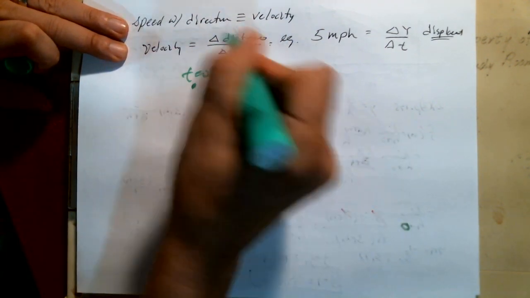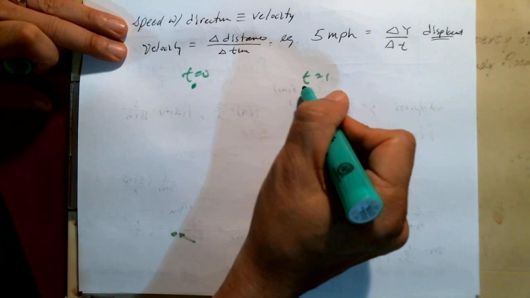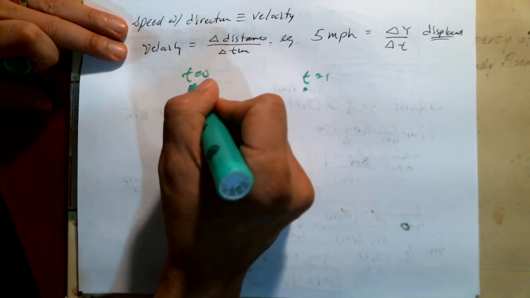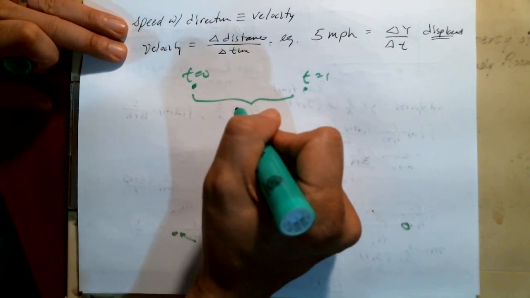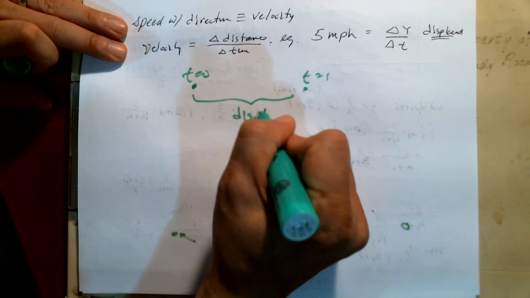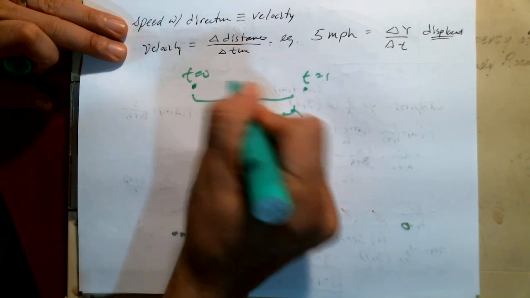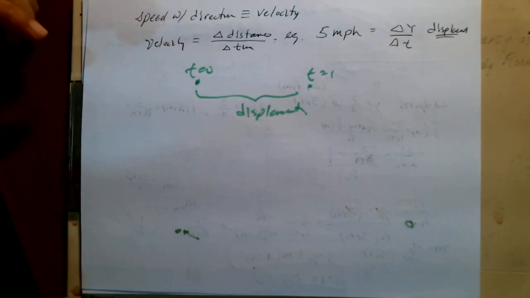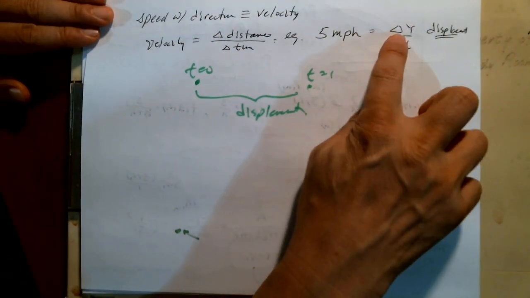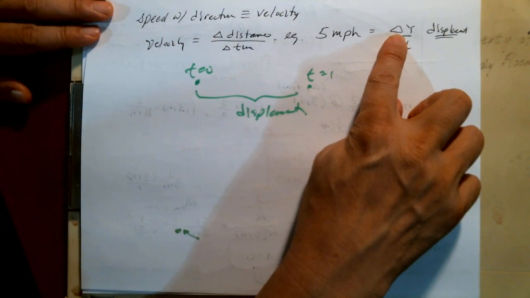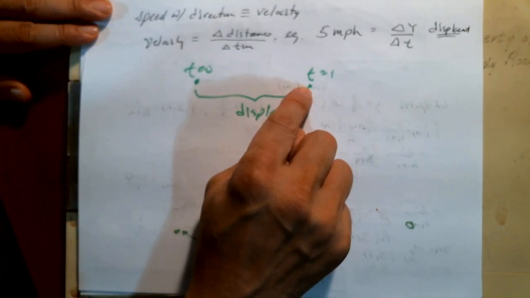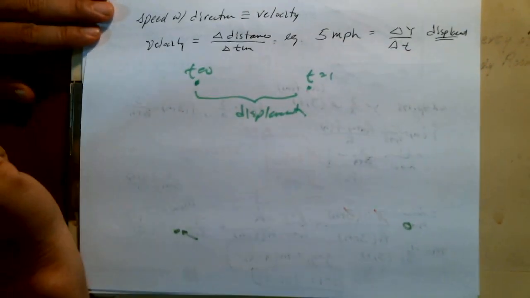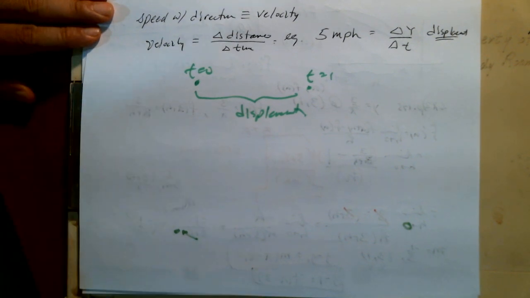And then I went like this, and then I ended up here, at time t equals 1. The net distance is called the displacement. You notice I said net distance. I don't want the total distance. I want the net distance. So displacement is a change in position over some time.